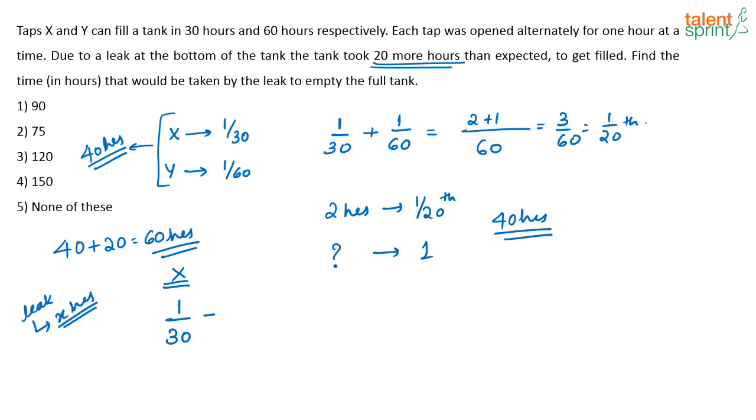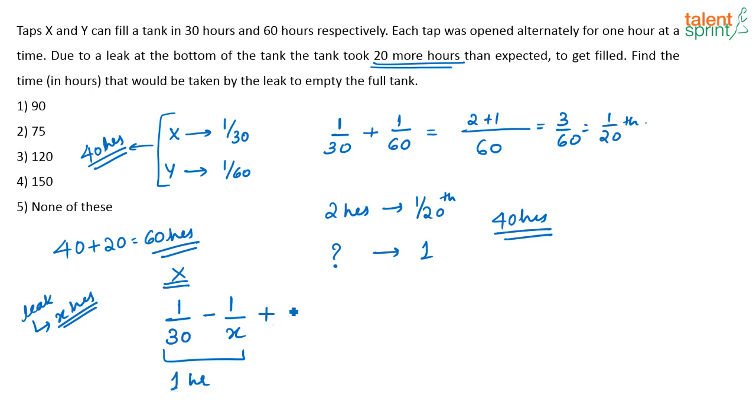So in the first hour, if the leak is also present, how much of the tank will be filled? 1/30th will be filled by X, and 1/X will be removed by the leak. So this is what will happen in the first hour if the leak is also present.